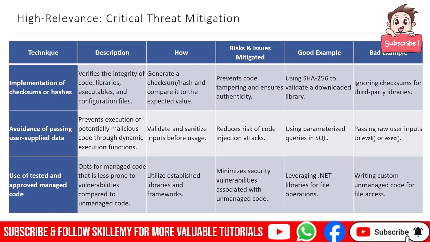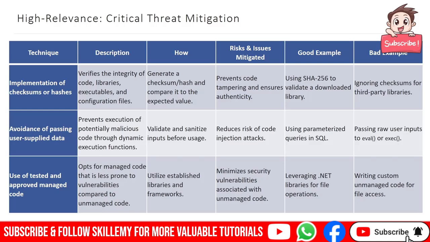In this slide, let's delve deeper into best practices for code security, specifically focusing on high-relevance techniques that are crucial for mitigating critical threats. First, let's discuss the implementation of checksums or hashes. This practice is fundamental for verifying the integrity of our code, libraries, executables, and configuration files.